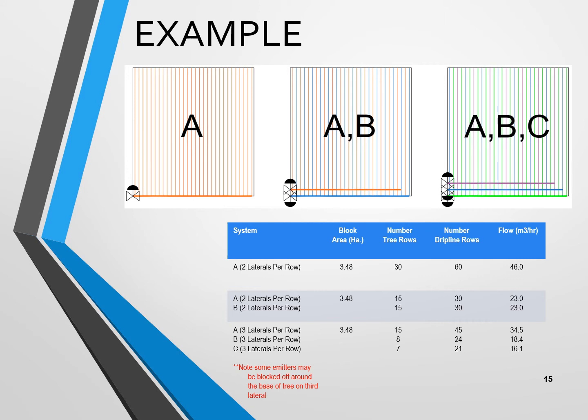The B system has 8 rows or 24 drip line rows and 18.4 cubic meters an hour. The C system has 7 rows, 21 drip line rows, and 16.1 cubic meters an hour. On some systems, the emitters on the 3rd lateral of each row may be blocked off around the base of the tree.